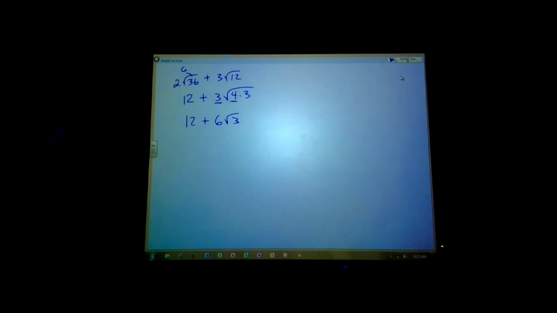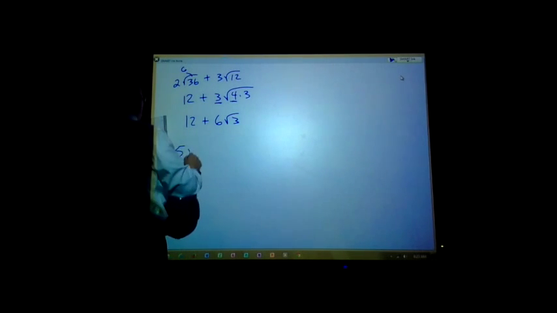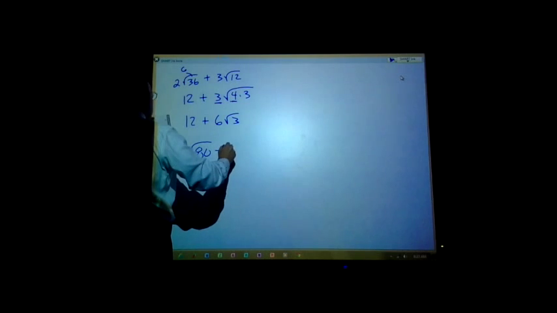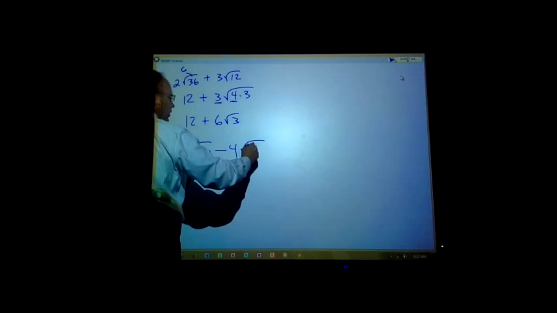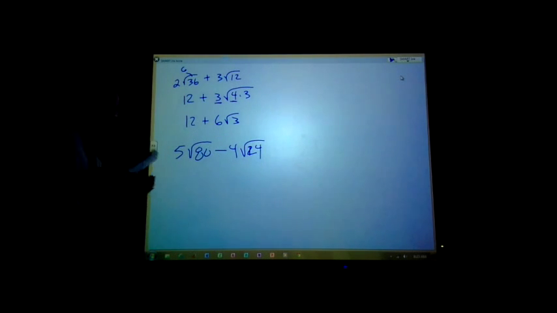Number 6. I have 5 square root 80 minus 4 square root 24. Okay. Let's see. 80 is 2 times 40, but that doesn't really help me out. 80 is 4 times 20. 4 is a good perfect square, but maybe not.